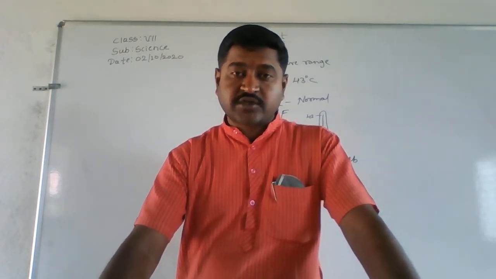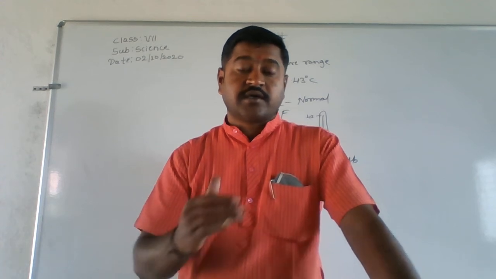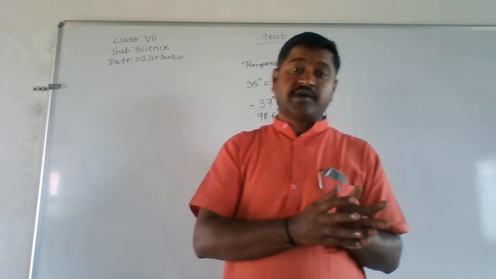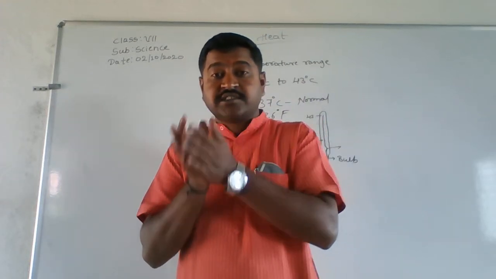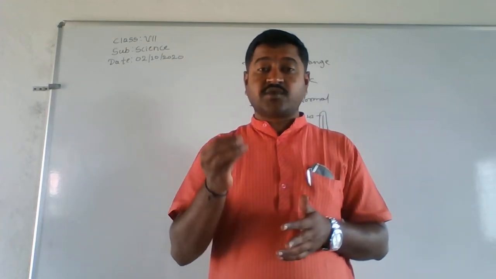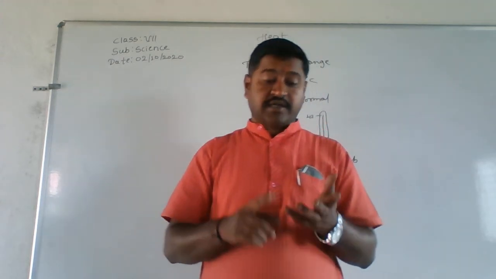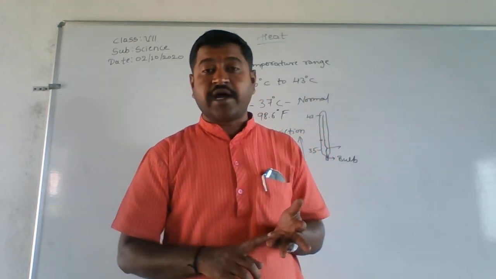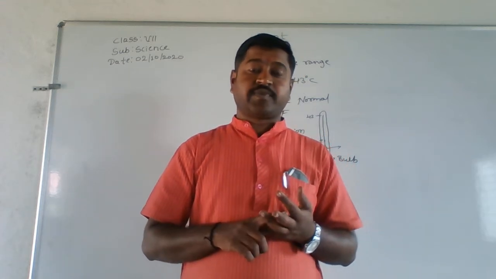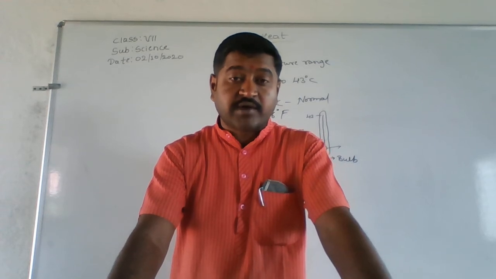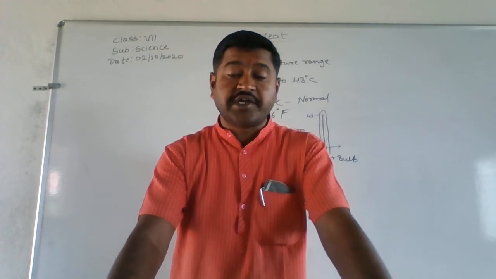Then what did we study today? Converting from the Celsius scale to the Fahrenheit scale and from the Fahrenheit scale to the Celsius scale using formulas, then the difference between heat and temperature, and then the clinical thermometer, how it is, and what its temperature range is.